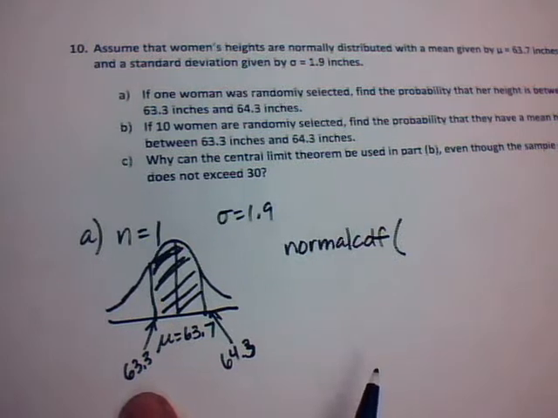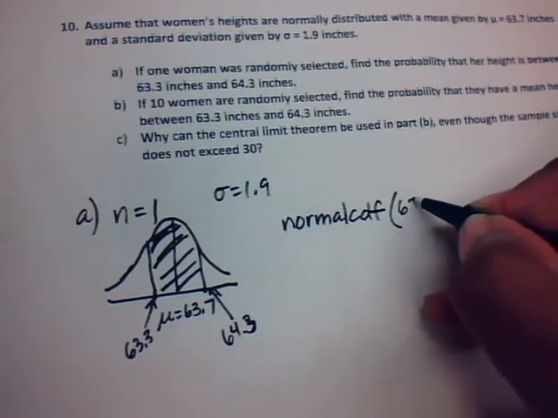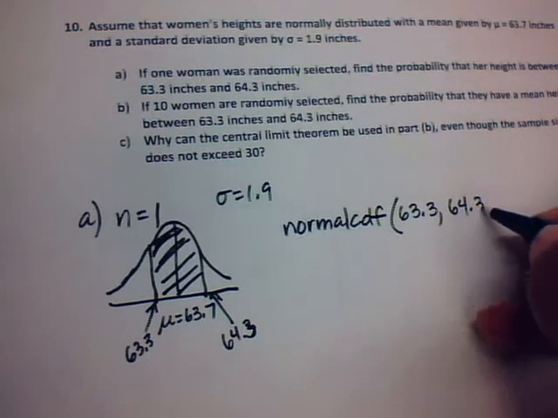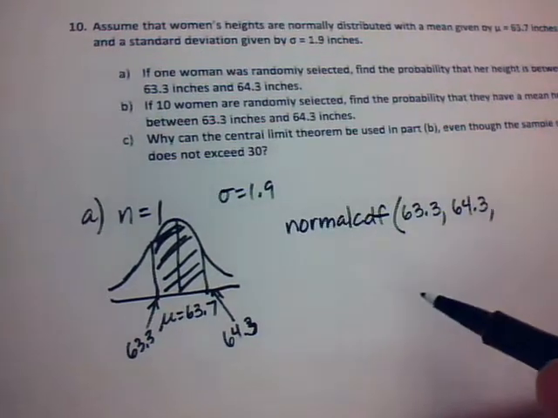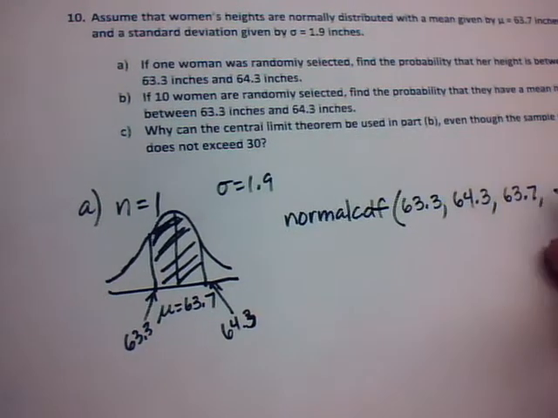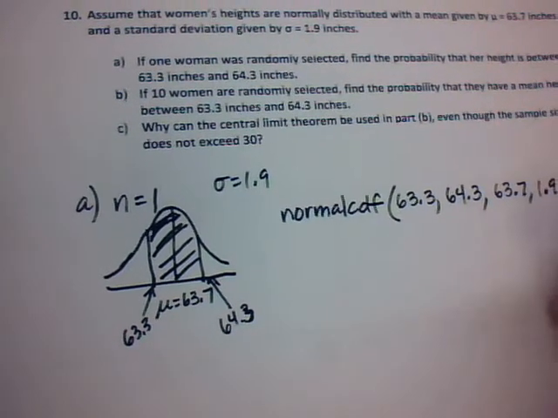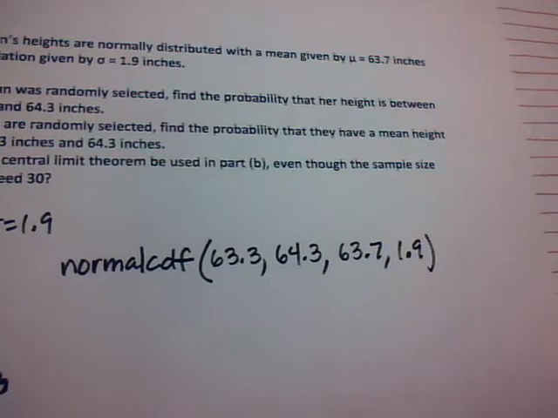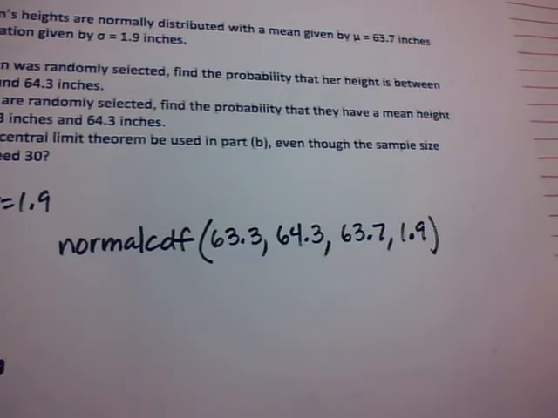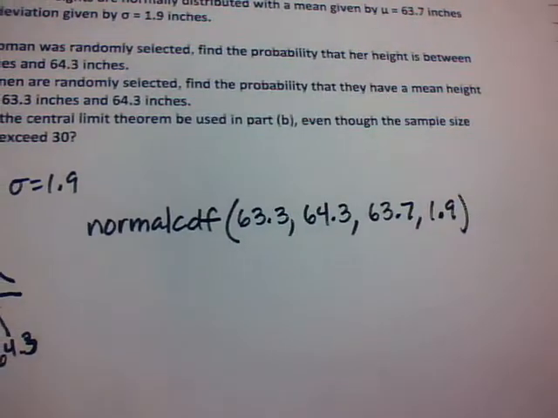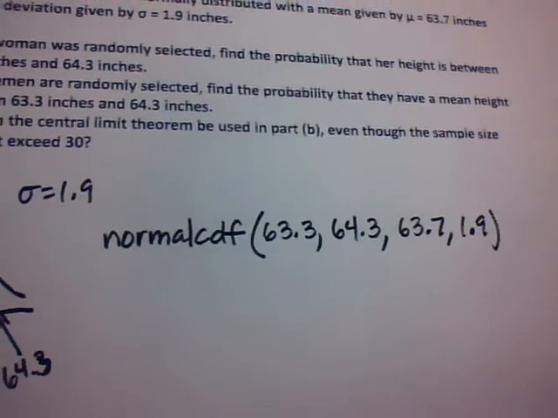The lower limit is 63.3. The upper limit is 64.3. Mu was 63.7. And your sigma is 1.9. Lower limit, then upper limit, then mu, and then standard deviation. That's how you'll enter that in the calculator for the normal CDF.